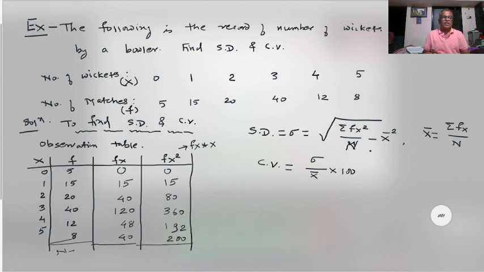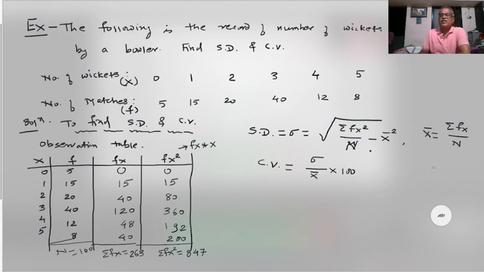So capital N, the sum of the frequencies, we get as 100, summation fx is equal to 263 and summation fx square is equal to 847. So substitute these obtained observations in the formula.